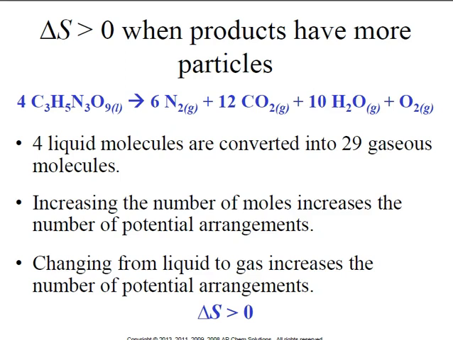We also here, though, have 4 moles on our reactant side, and then if you add up your coefficients, you've actually got 29 moles or 29 molecules on the product side. So that's a huge increase in the number of potential ways that this can be arranged, and so that is an increase in delta S, or a positive delta S.